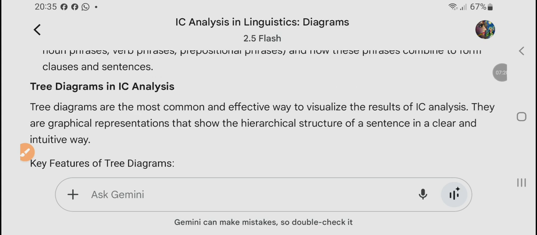In a very simple way, we can understand that IC analysis means breaking down the sentence up to the morpheme.